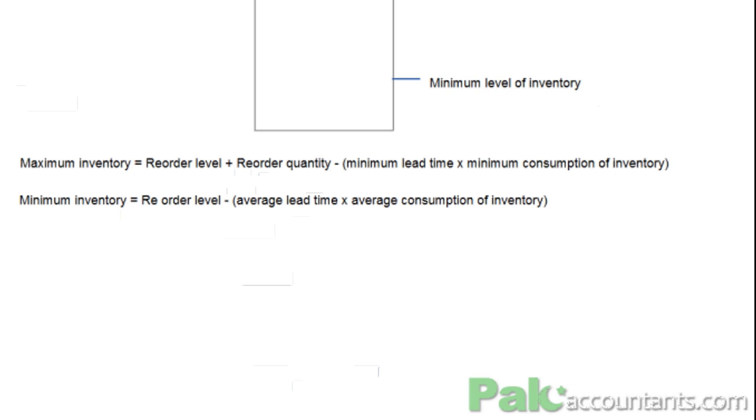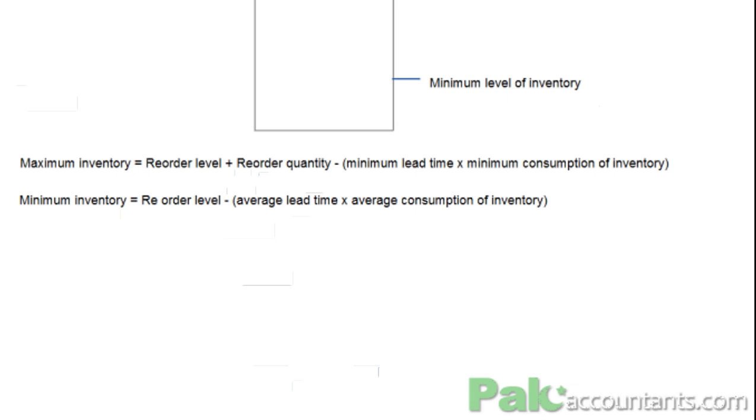Minimum lead time is the fastest possible time the order will be dispatched to us and collected by us. Average lead time is what is usually taken by the supplier to send the goods back to us after we placed an order.